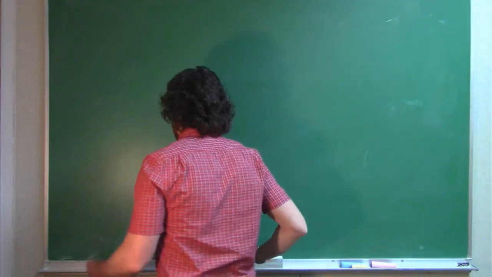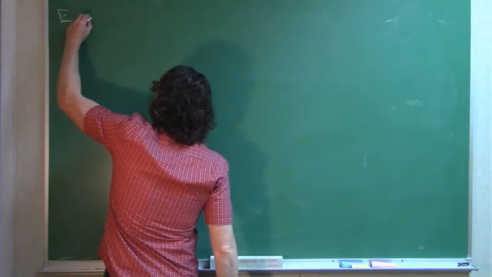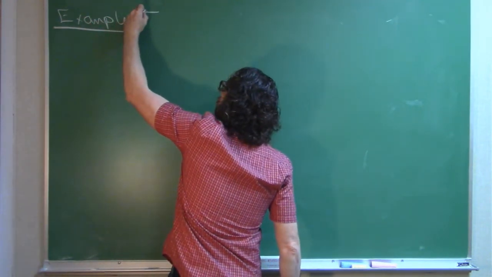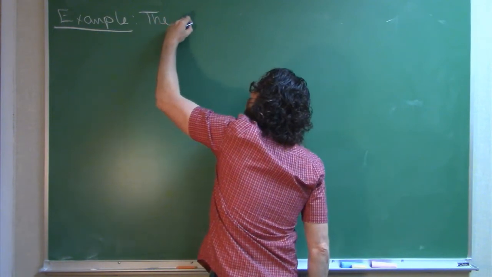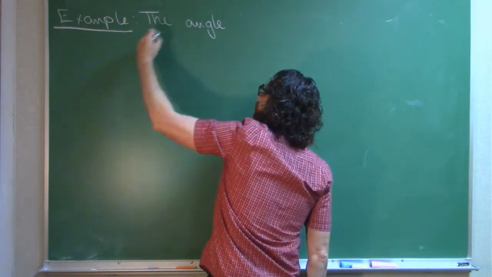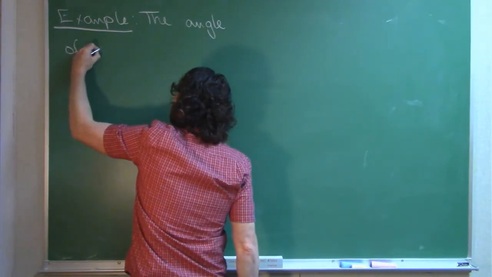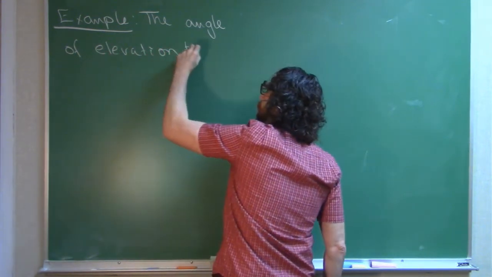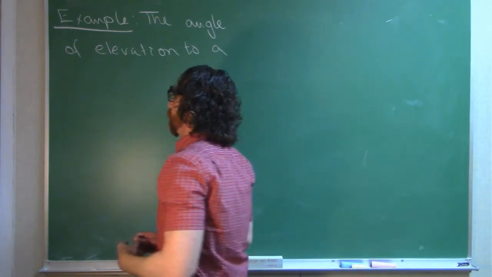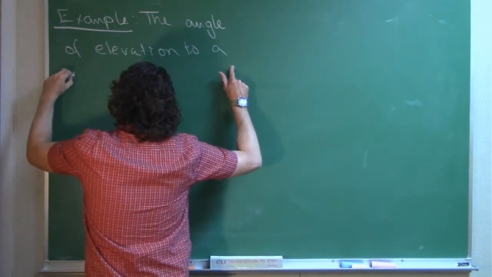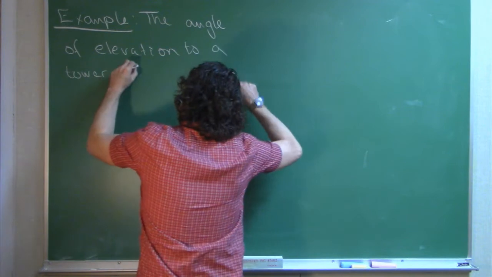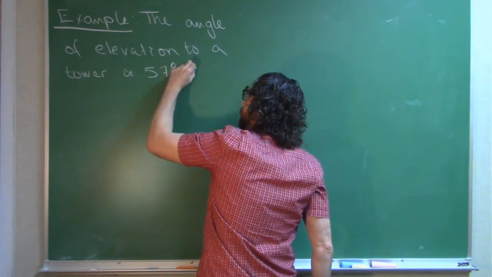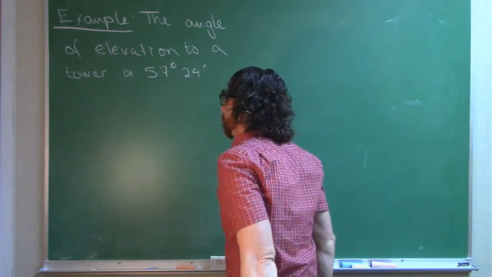Let's do another example here. The angle of elevation to a tower is 57 degrees 24 minutes.